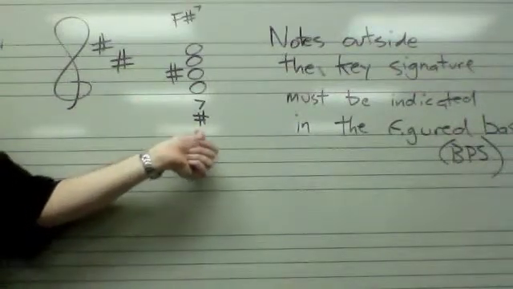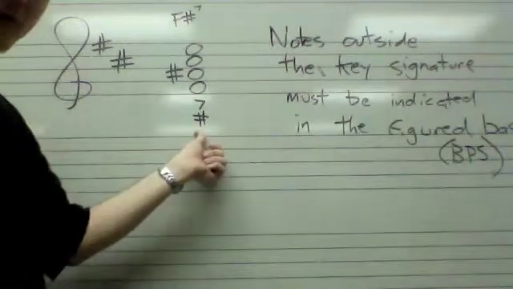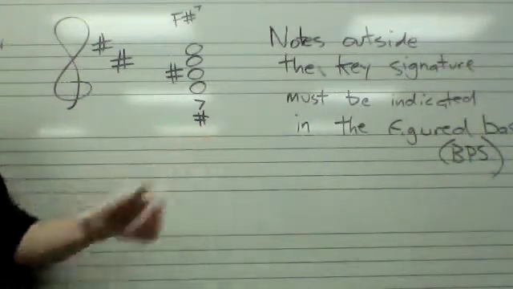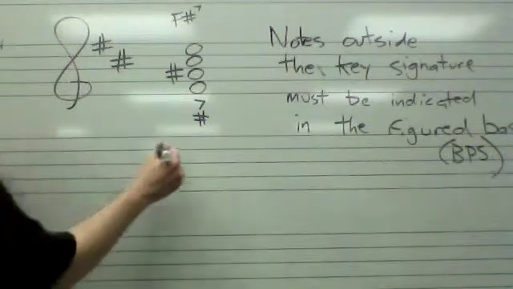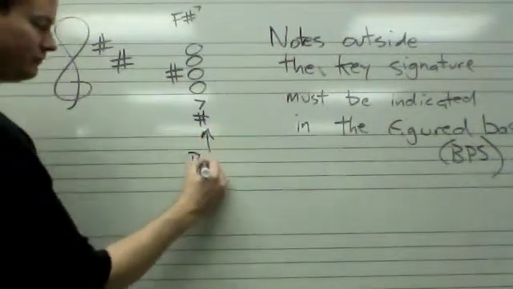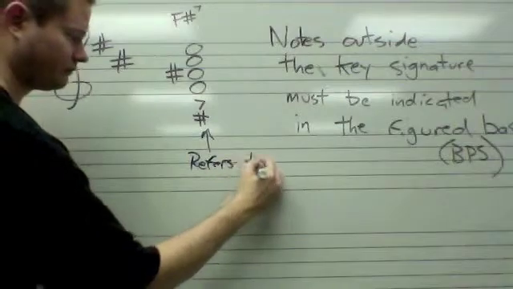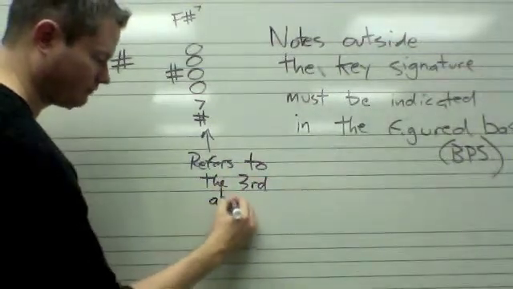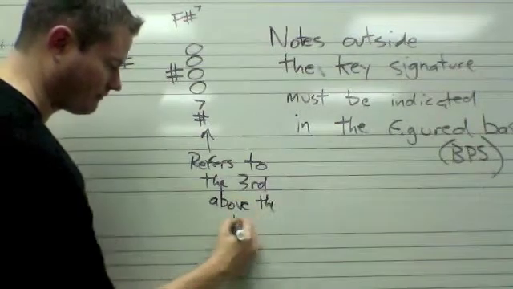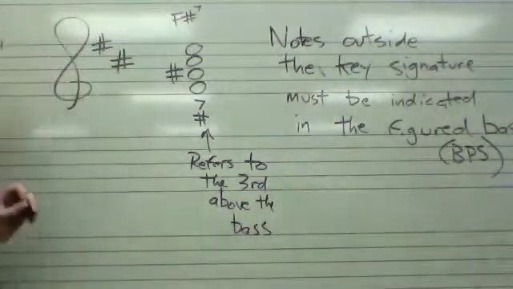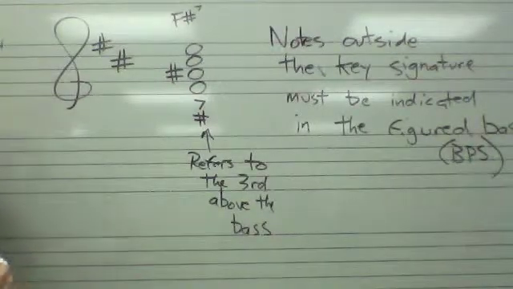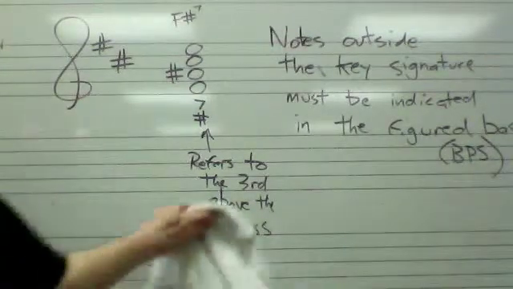If you ever see an accidental by itself in a bass position symbol, it is referring to the third above the bass. Always. Any other members of the bass position symbol must be indicated with their numbers.